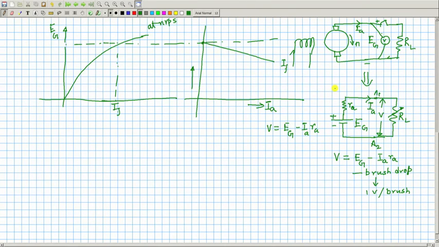At a given armature current I A, load current, this will represent I A R A plus brush drop, whatever. It may not be a nice straight line like this because of the brush drop present, but E g at this level minus I R A drop is your voltage now across the terminal of the generator.